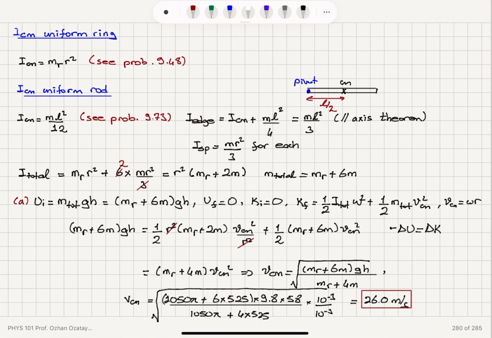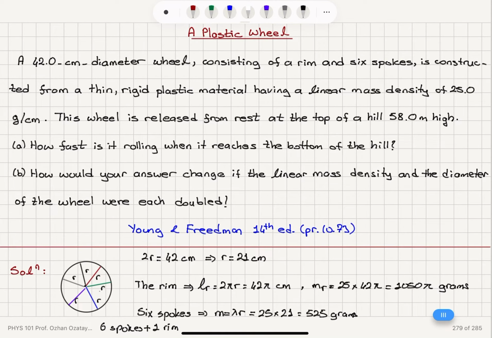Okay, so to summarize, we have a 42 centimeter diameter wheel. It consists of a rim and 6 spokes, and these spokes have a length r. It's constructed from a thin, rigid plastic material having a linear mass density of 25 grams per centimeter, and it is released from rest at the top of a hill 58 meters high.